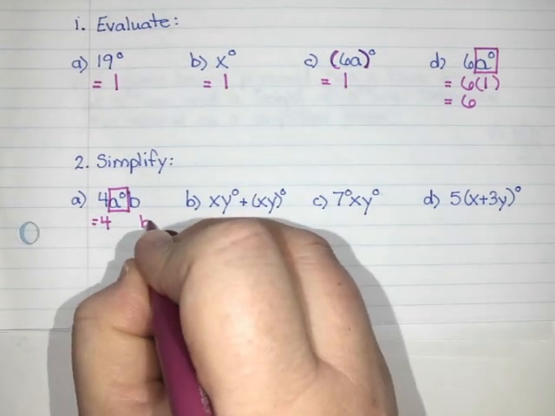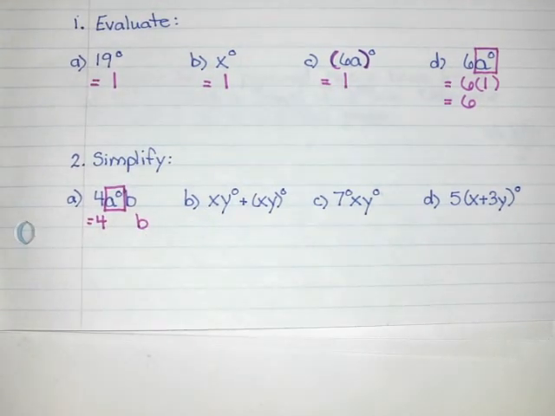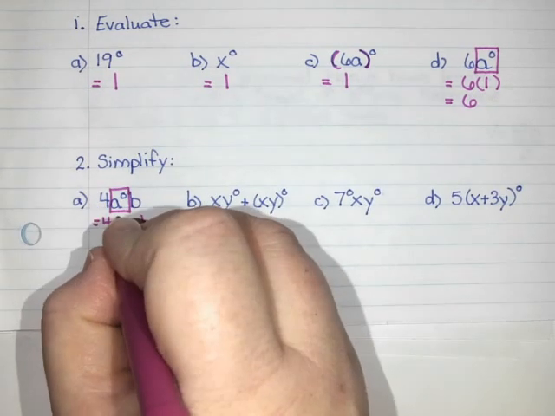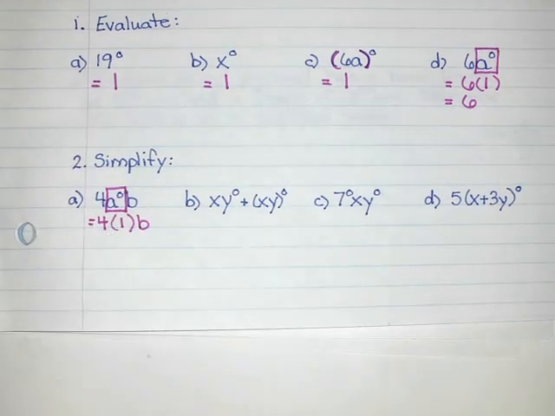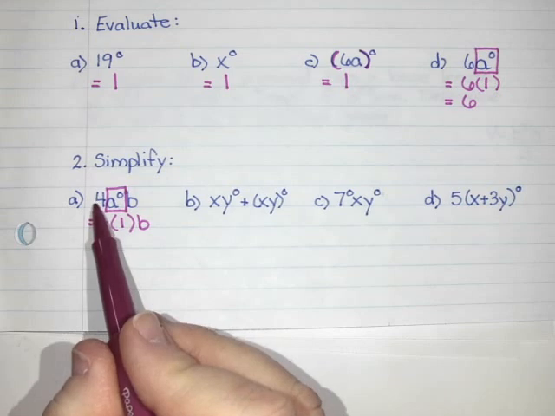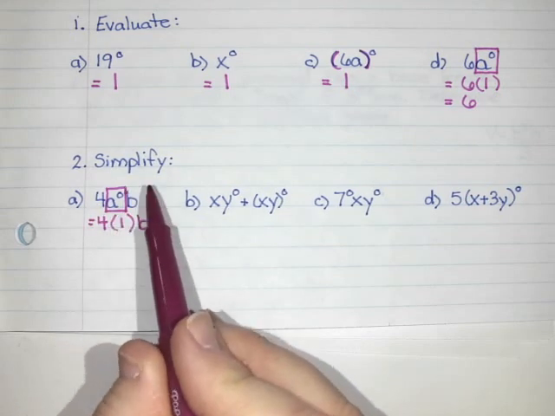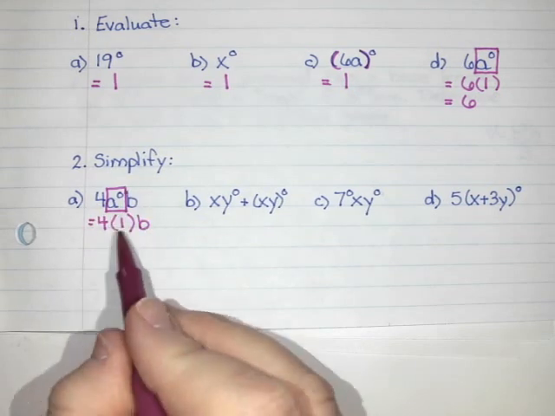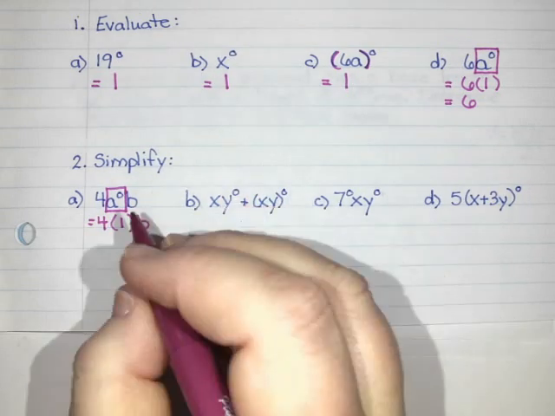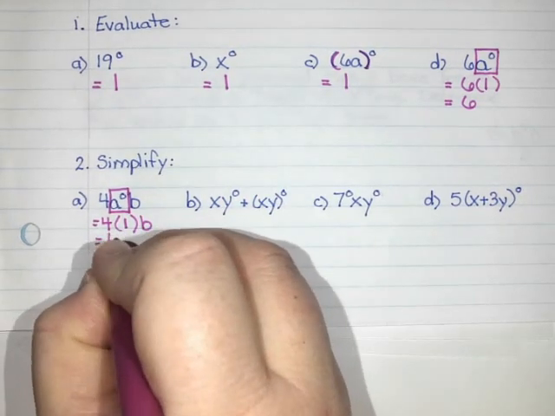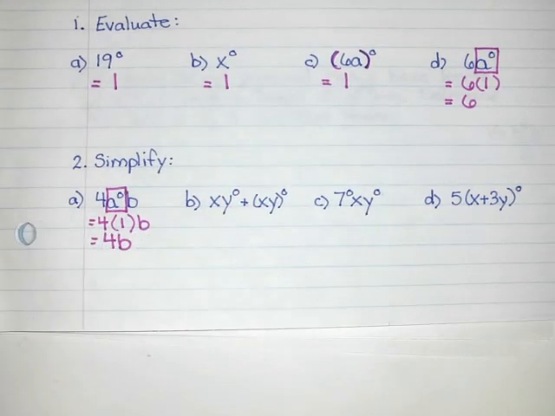The b is not to the power of 0. It's only the a. So a to the power of 0 is 1. So this is going to be 4 times 1 times b. So 4 times 1 is 4, and 4 times b is just 4b. So that equals 4b.